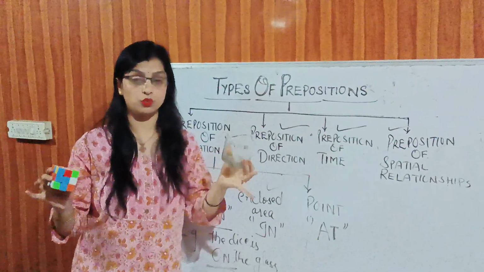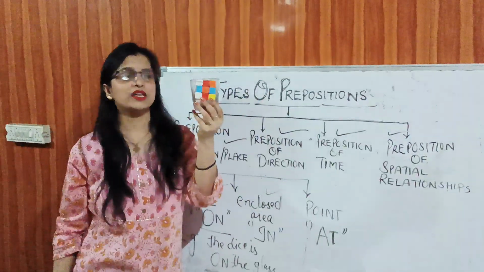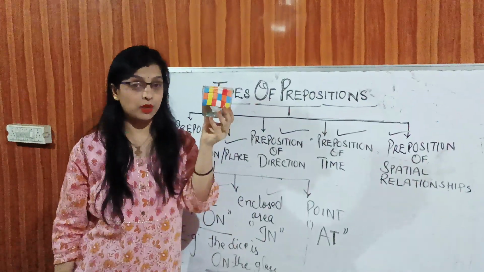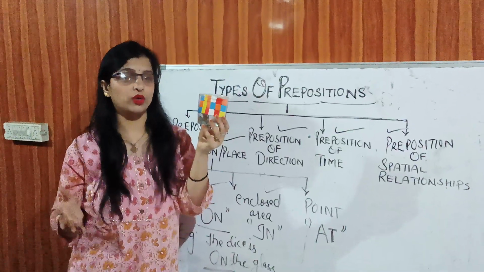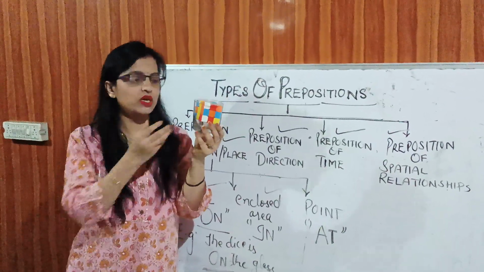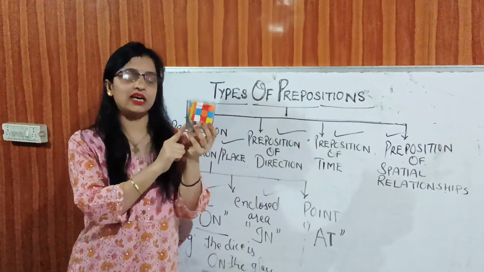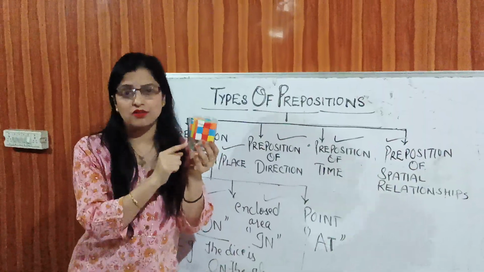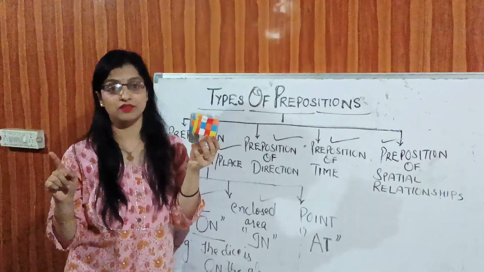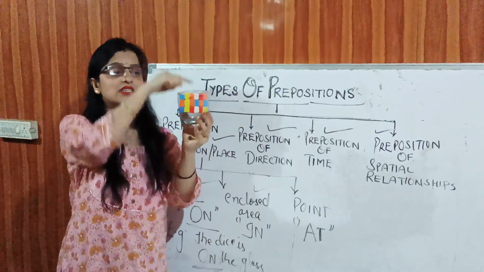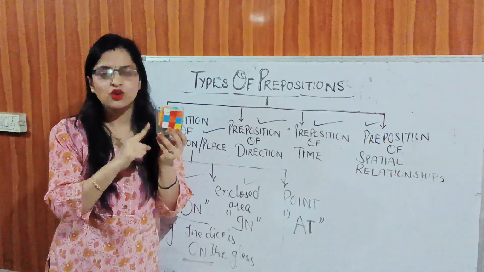See what I am going to do right now. What do you have to say in order to indicate the location of this dice? Where is this dice right now? Yes, very good. This dice is in the glass. This time I am using the preposition in. Why? Because this dice is surrounded by the walls of this glass. Got the idea?